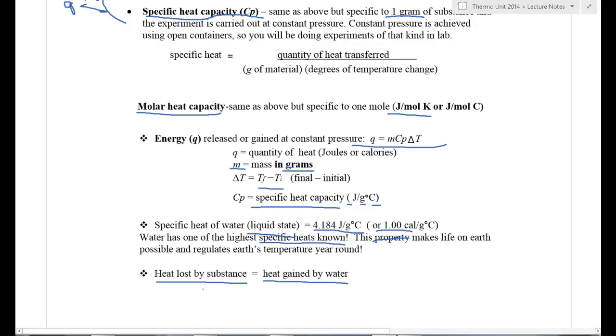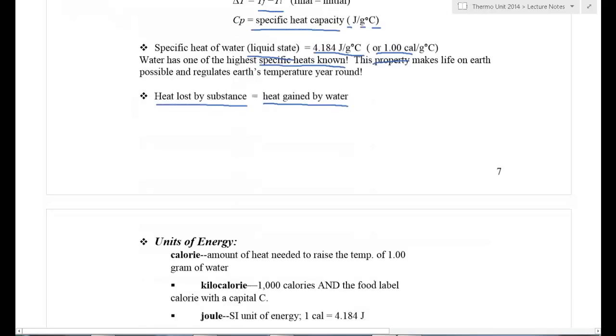And so we usually do these reactions in water, and because we know the heat capacity of water, and we can easily measure how much water we have and how much the temperature changes, whatever temperature is lost or gained as a result of the reaction is going to be lost or gained by water. Okay, so you'll see how easy this is to apply.